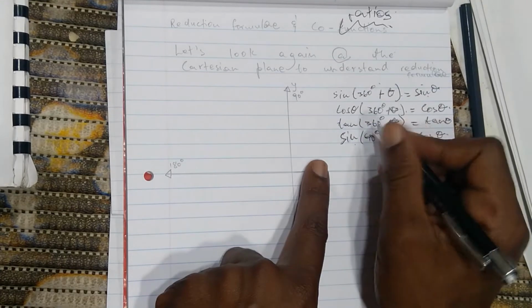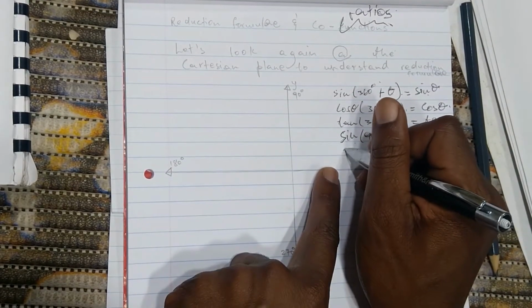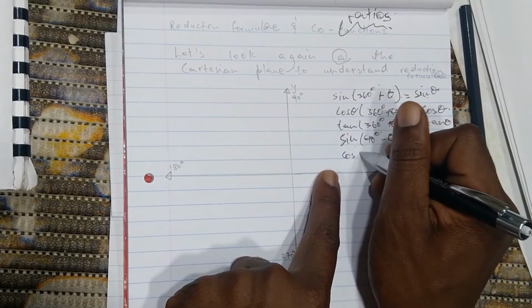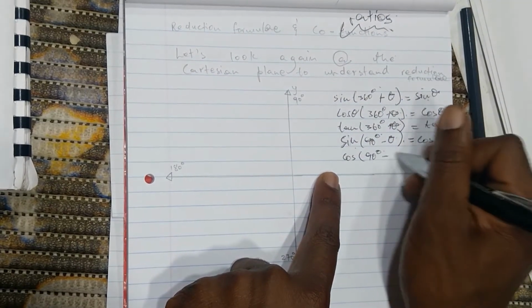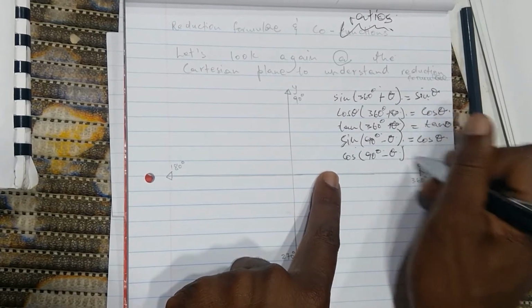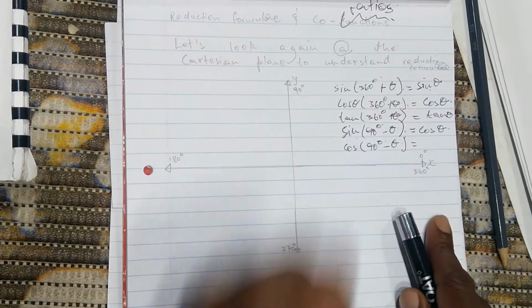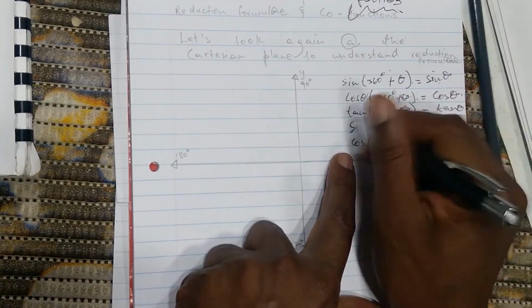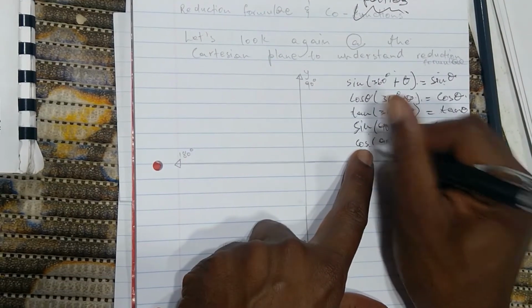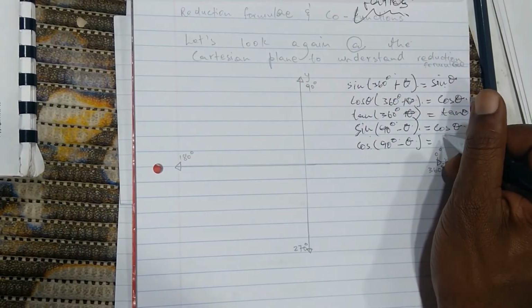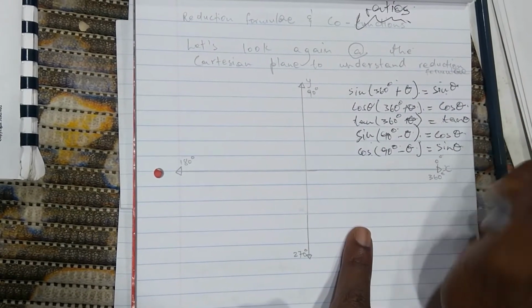But now if I am looking at cos of 90 degrees minus theta, because now it has the core, it will take away the core. So if you think about it, this is a cosine, and if you take away the cos, then it becomes the sine of theta.